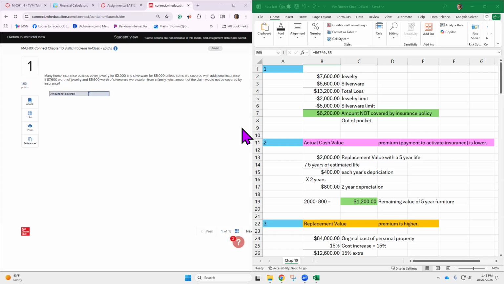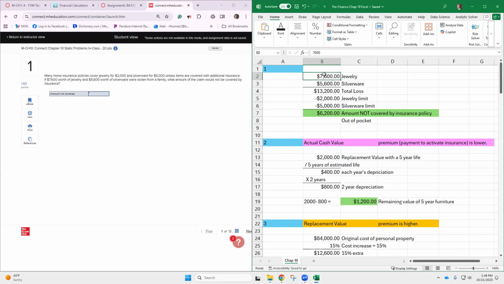Number one, many home insurance policies cover jewelry for $2,000 and silverware for $5,000 unless items are covered with additional insurance. Okay, so if $7,600 worth of jewelry and $5,600 worth of silverware were stolen from a family, what amount of the claim would not be covered by insurance?